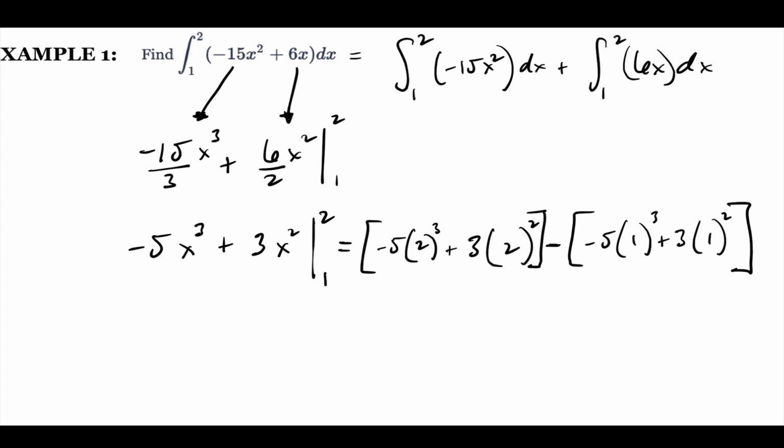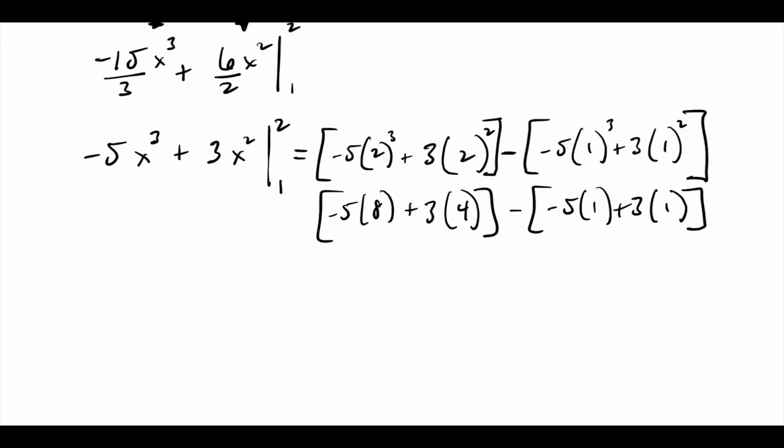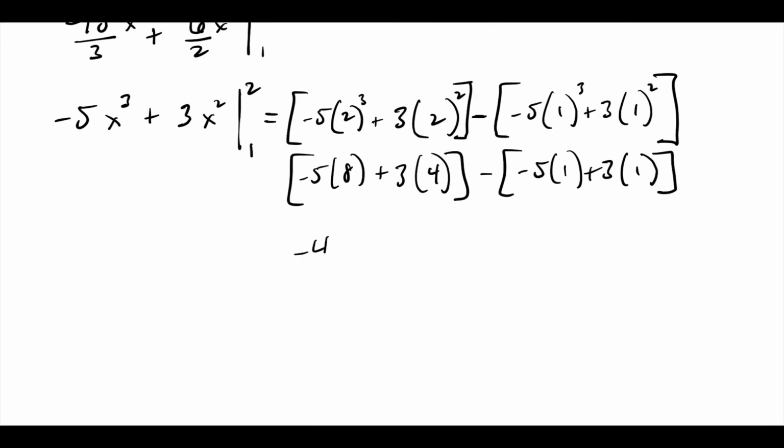So let's see here. 2 cubed is, what is that, 8. So I get negative 5 times 8 plus 3 times 2 squared, which is 4. Over here, positive 1 cubed is 1. Positive 1 squared is 1. Negative 40 plus 12.